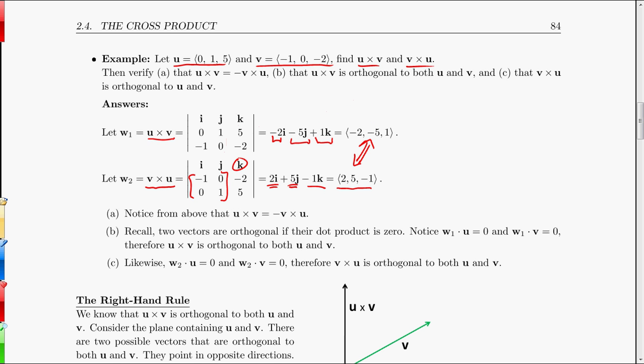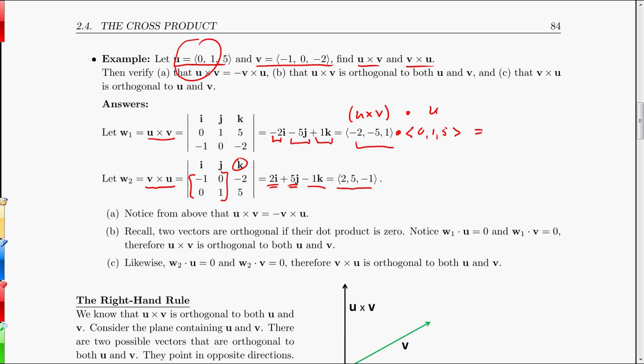And it's worth pointing out, how do I know both of these are orthogonal to both U and V? Well, I can do the dot product. So if this is U cross V, right there, if I dot that vector with U, which is right here, 0, 1, 5.